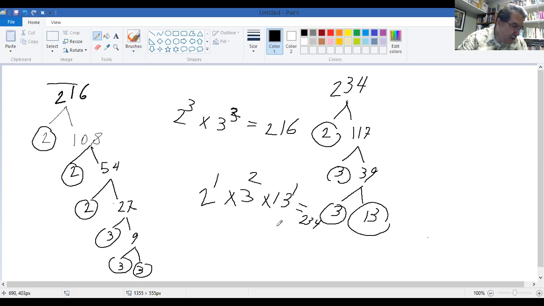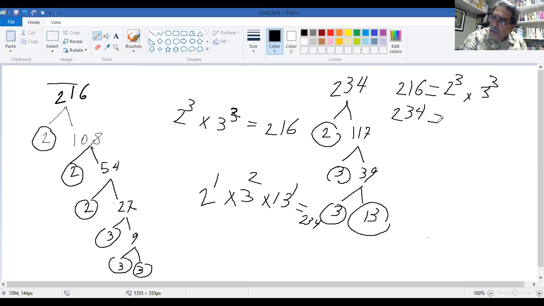Now, it says we want to find the GCD, the greatest common divisor. All right, so let me write it again. 216 is equal to 2 to the power of 3 times 3 to the power of 3. And 234 is equal to 2 to the power of 1 times 3 to the power of 2 times 13 to the power of 1.